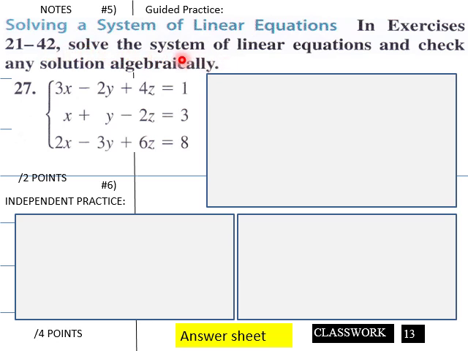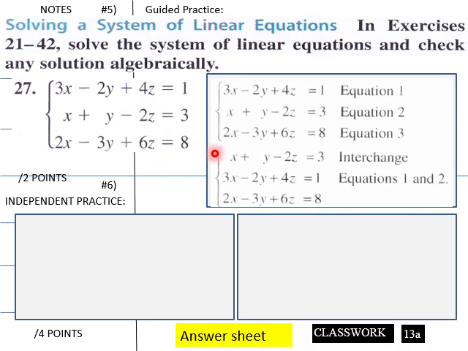Well, let's try one now. Solve this system of linear equations and check any solution algebraically. Here's our system. So equation 1, equation 2, equation 3, we're going to interchange equations 1 and 2. We're going to put that one up here, and then this is going to go down there.